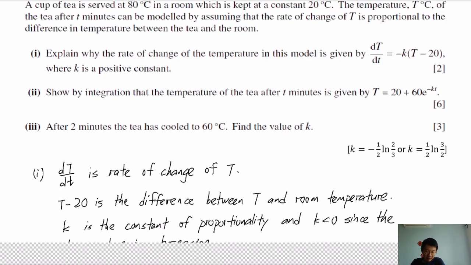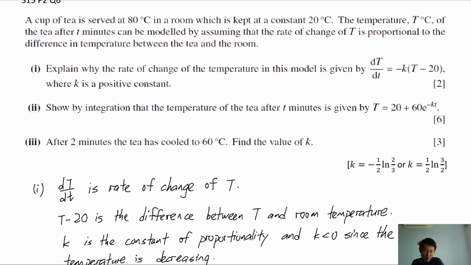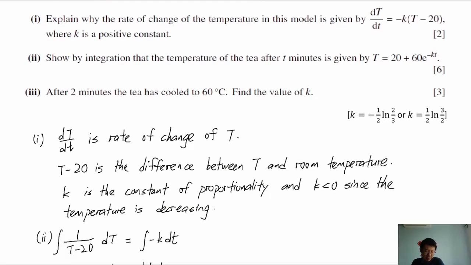For part 1, explain why the rate of change of the temperature is given by dT over dt is equal to negative k(T minus 20). We have a lot of things to explain from there. For questions which involve explanation, it is good to explain as much as we can and as clearly as we can.